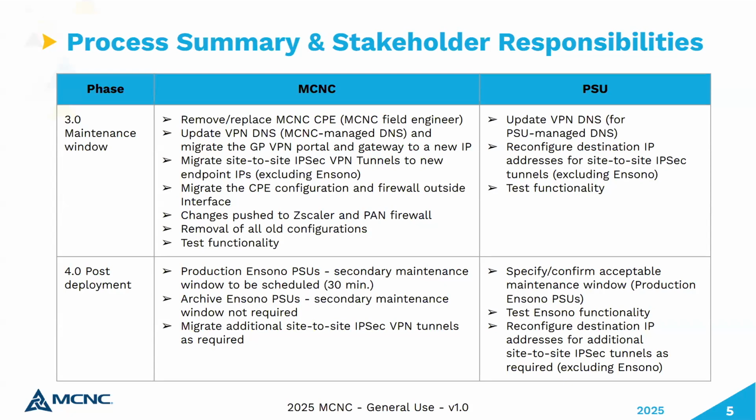During that maintenance window, we'll migrate from what will be essentially a temporary configuration to the permanent configuration, and Insono will be changing the destination IPs on those tunnels. And then we'll look for you to confirm that's working properly. We can do some testing as well, which we will do during that.